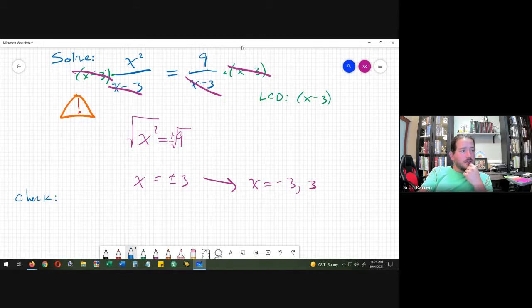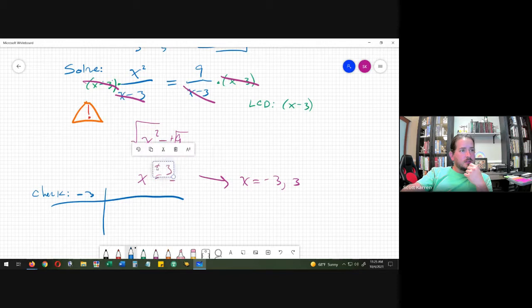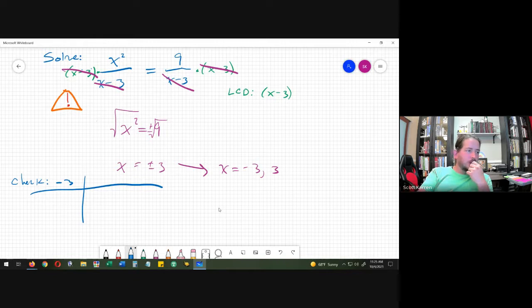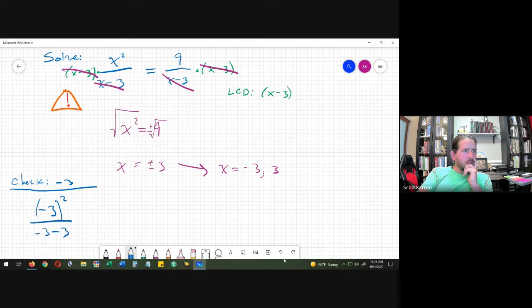I'm going to try negative 3 first. If I plug negative 3 into the equation, negative 3 squared over negative 3 minus 3 should equal 9 over negative 3 minus 3.